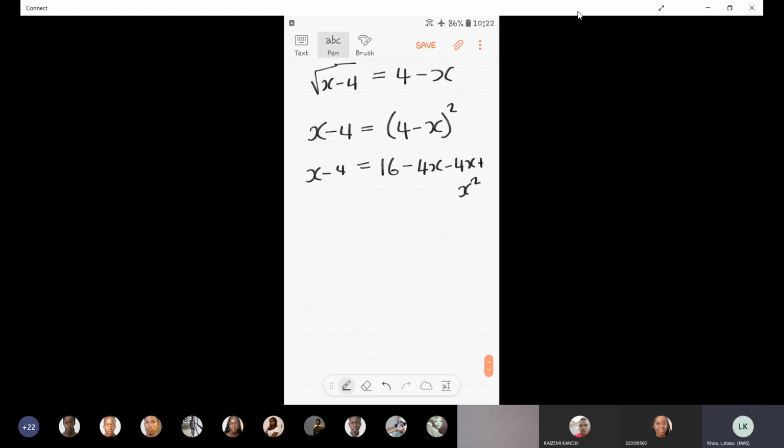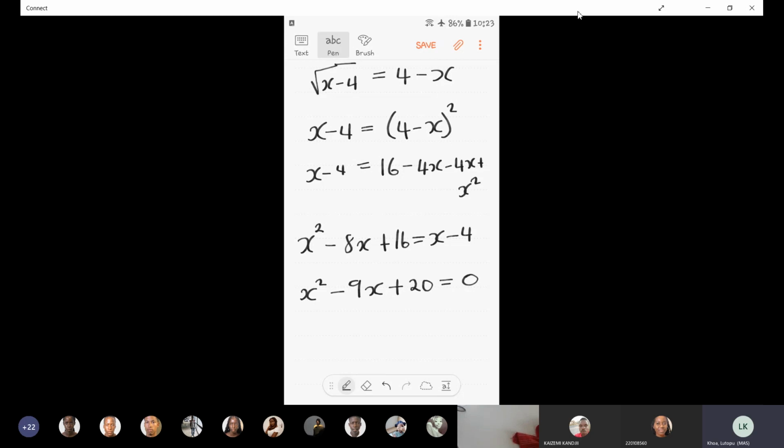So what I have is x squared minus 8x plus 16 is equal to x minus 4. Then what I can do is bring everything to one side. So I will have x squared, and subtract x on both sides, so I have minus 9x, and then add 4 on both sides, plus 20. This is equal to 0.